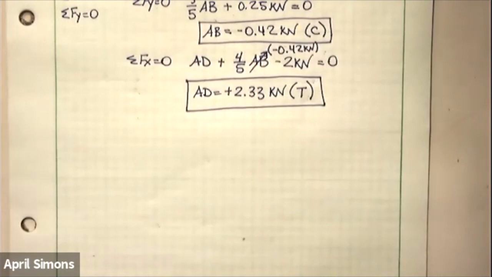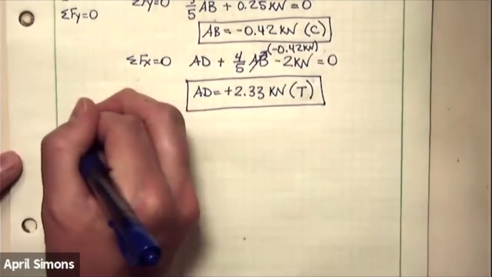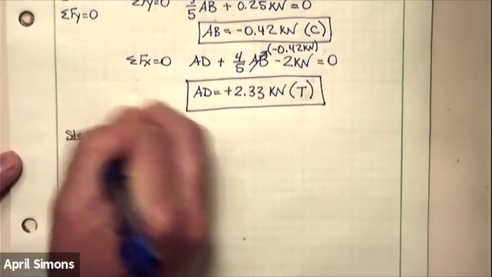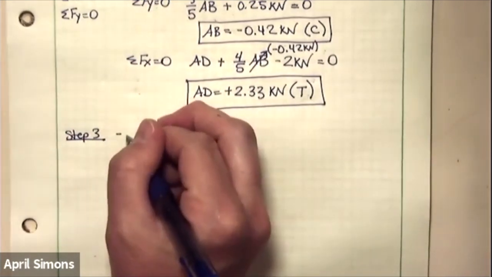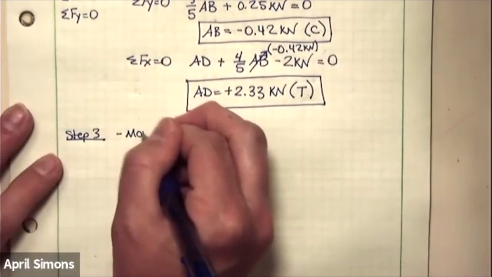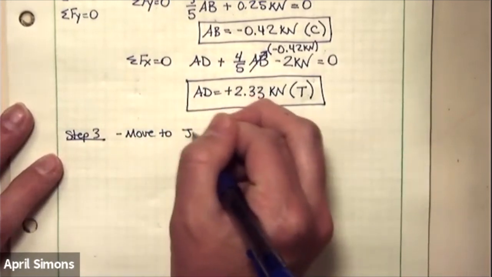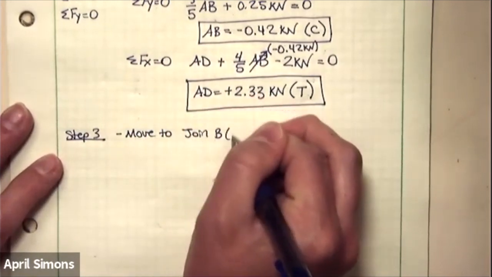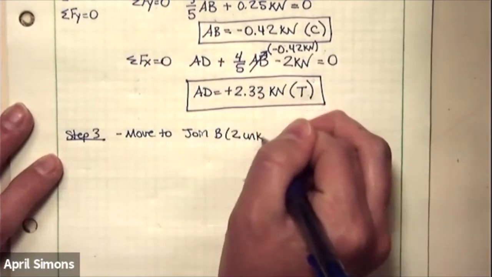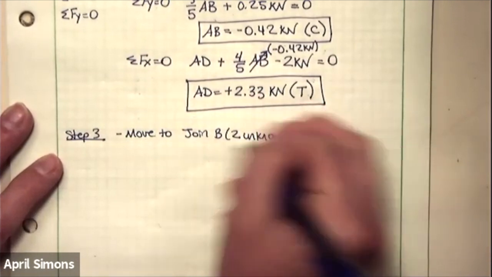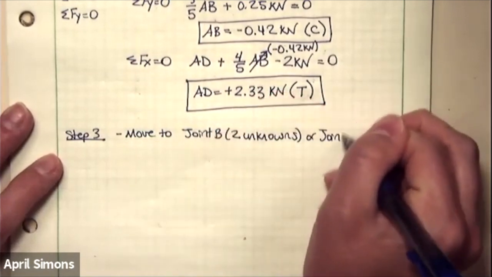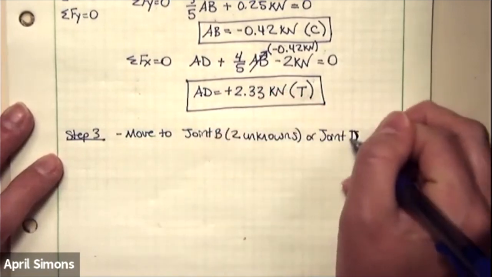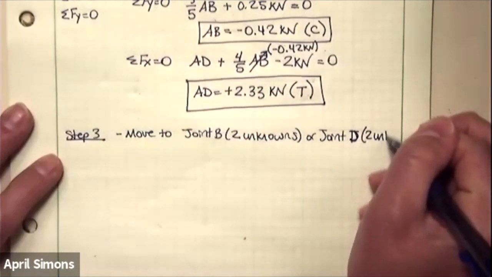Okay, so this would be step 3. Move into that next joint. So here we can move to joint B, two unknowns, or joint D, two unknowns.